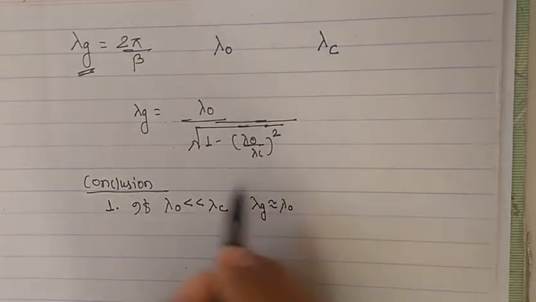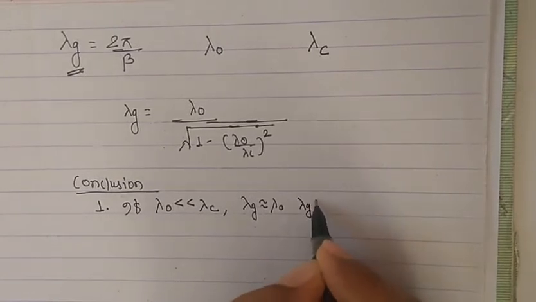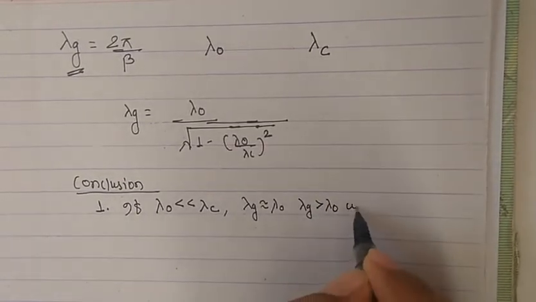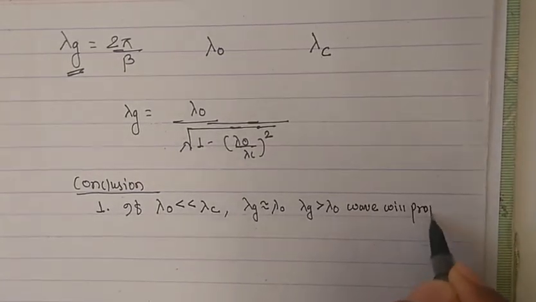But you have something in the denominator, so lambda g will be slightly greater than lambda 0 and the wave will propagate.